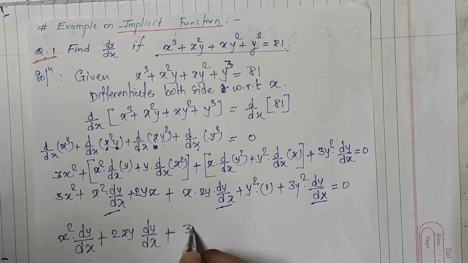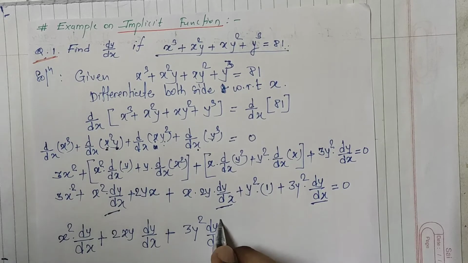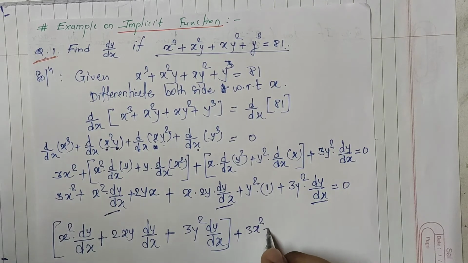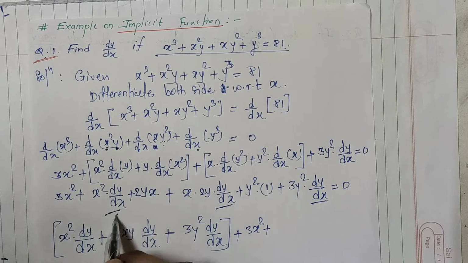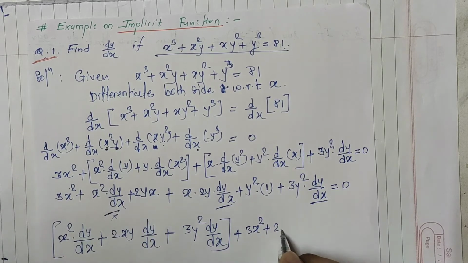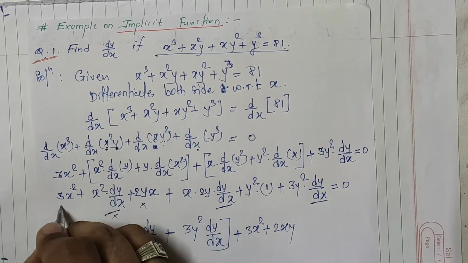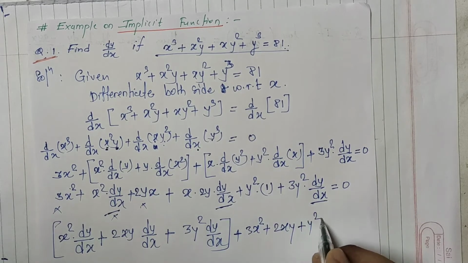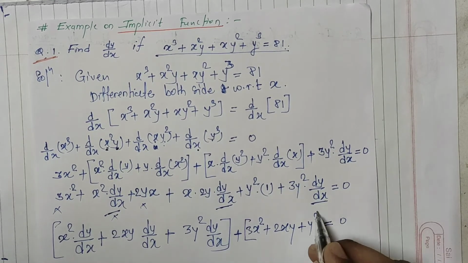Then third one, 3y square dy upon dx. First we collect the terms with dy upon dx, then add the remaining terms. Which terms? First term is 3x square, then skip this term, then 2xy, then y square. All terms collected without dy upon dx is equal to 0.